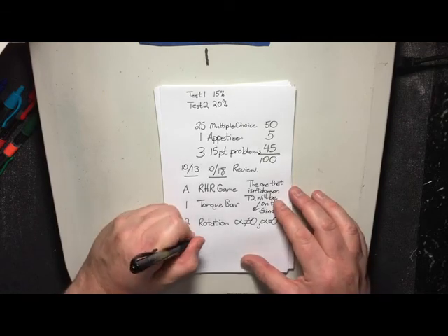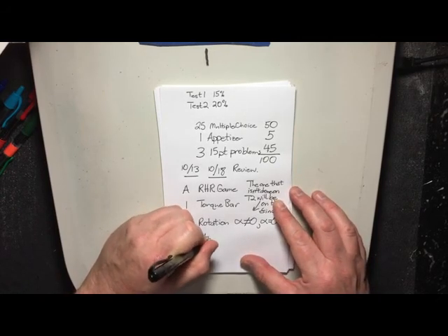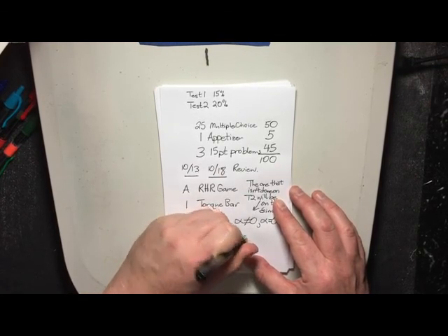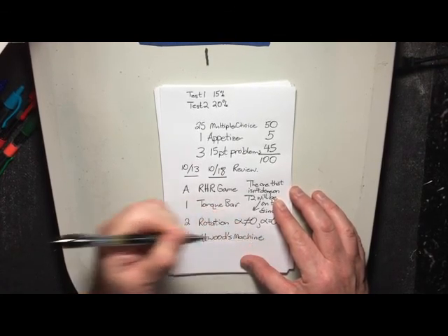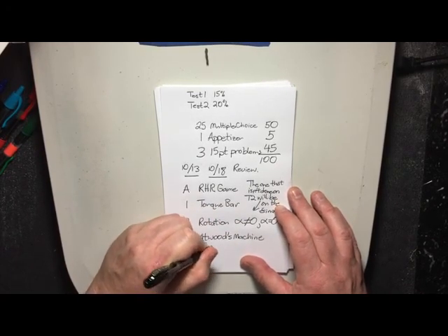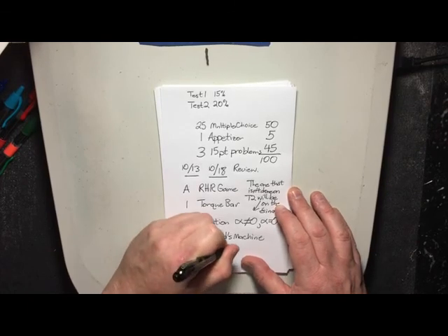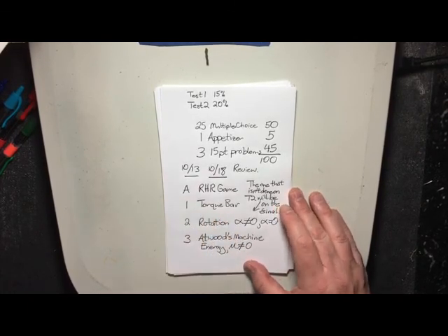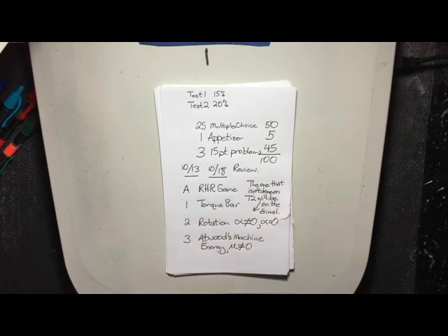Then the last one will be Atwood's machine, of course. Why? Because we always do Atwood's machines. But in this case, it will not be with motion, it will be with energy. There will be friction. I know, ooh, friction.